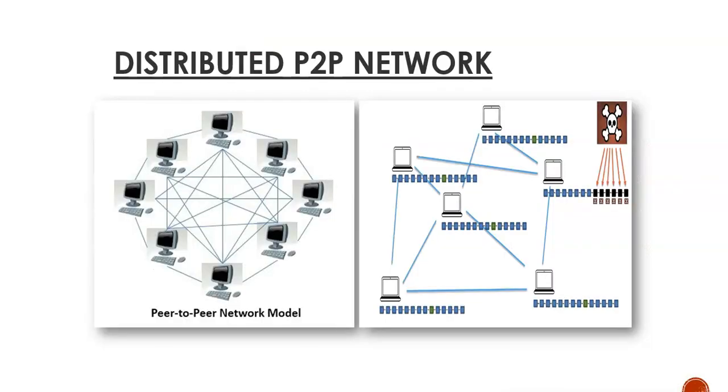The peer-to-peer network will look something like this, and when we have blocks of transactions that are part of this distributed peer-to-peer network, all the nodes will have copies of the blocks.